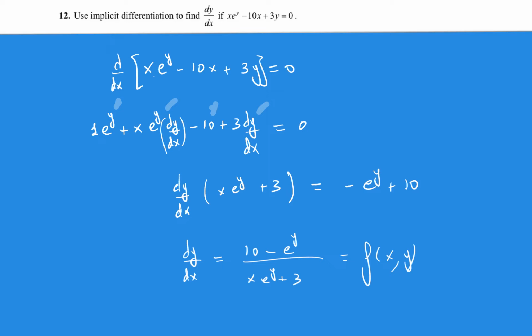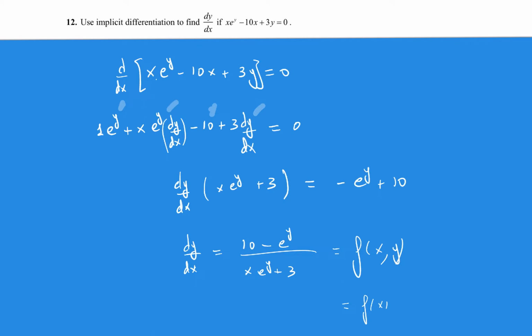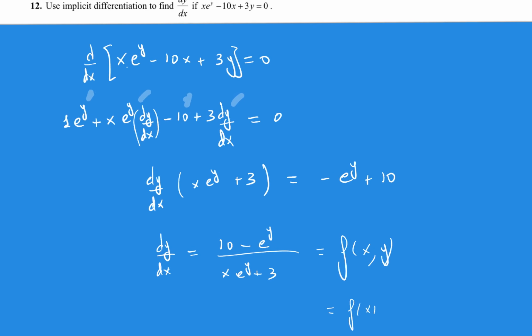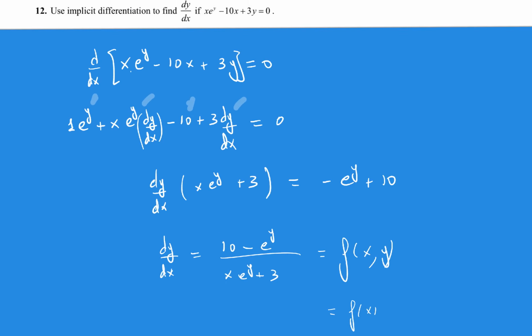Can I make this look only as a function of x? Let me think. No, I cannot do it. Sorry.